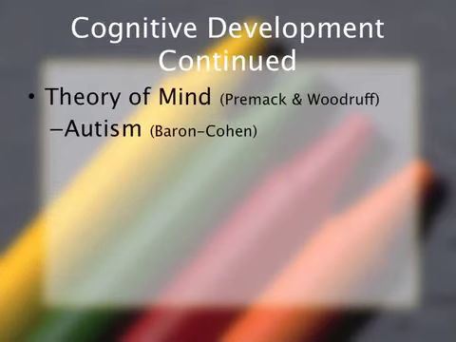Okay, so to conclude our look at cognitive development here, this theory of mind, that's that ability to take another person's point of view, we know that develops at some point late in the pre-operational stage, and continues to develop through that concrete operational stage. And so I'll show you some examples of that in class as well.